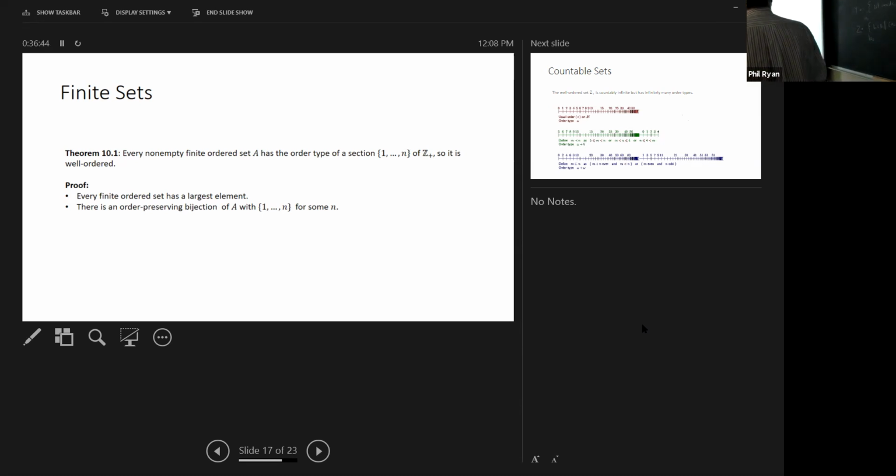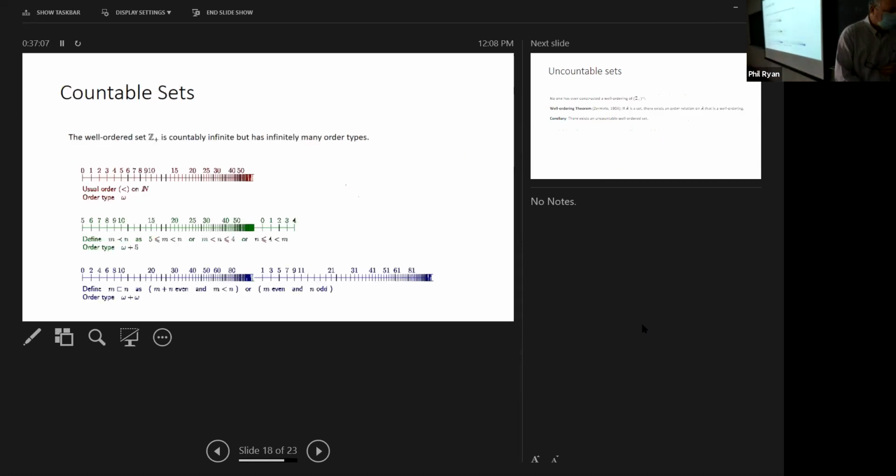And the proof of that is pretty straightforward. If I give you a finite ordered set, since it's finite, it has a largest element, a maximum. We want to come up with the order preserving bijection of A with a section of the positive integers.